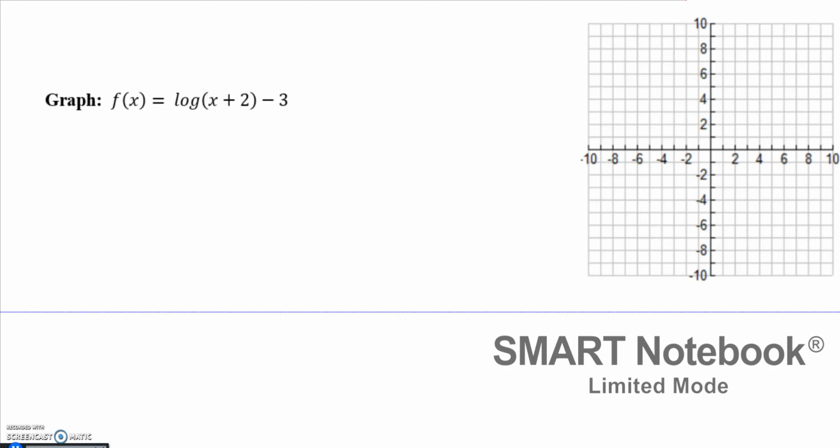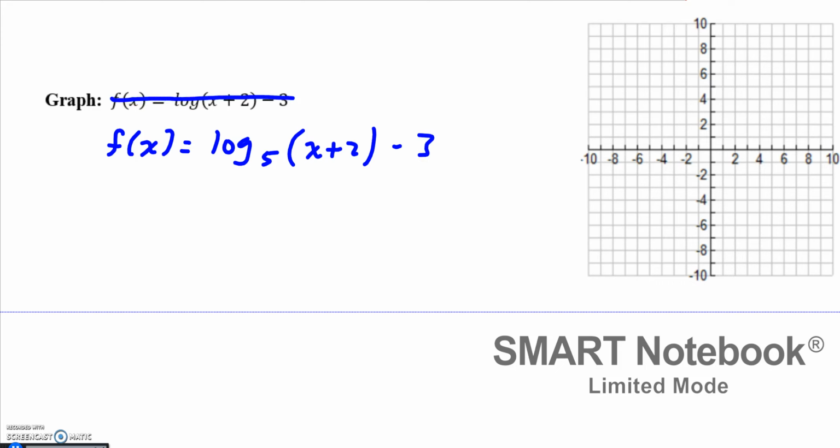Here's the last example in this video. What if I wanted you to graph log of x plus 2 minus 3? Let me change this problem a little bit. Let's do f of x equals log base 5 of x plus 2 minus 3. So instead of having the base of 10, which you'll learn about later, let's do this problem instead.